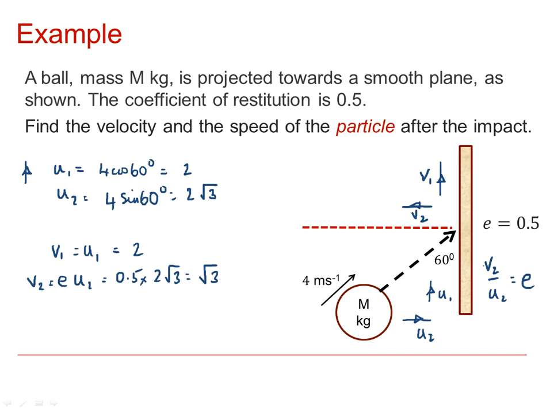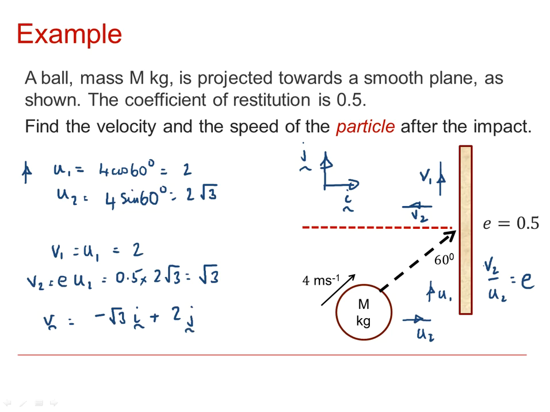So the velocity afterwards, if I take my component directions the usual way, i and j, is going to be equal to negative root 3, so it's negative V2 in the i direction, plus 2 in the j direction.